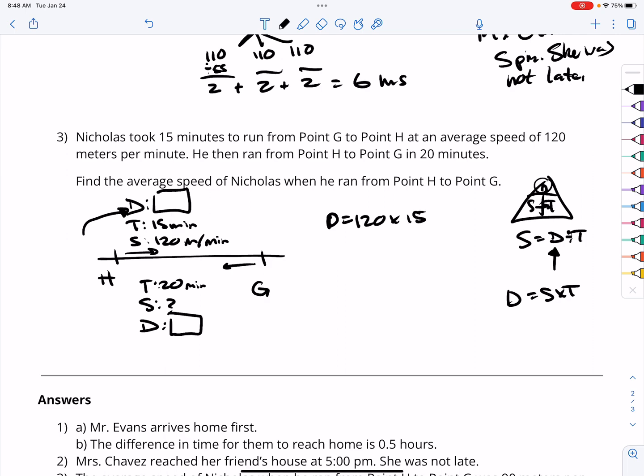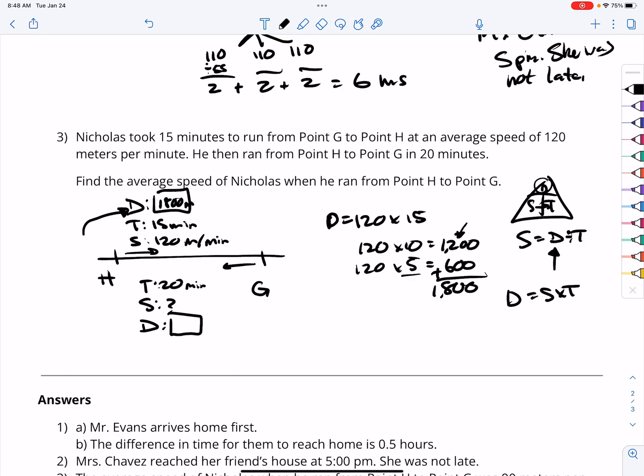Now I'm going to use a doubling and halving strategy: 120 times 10 and 120 times 5. 120 times 10 is 1,200. And then 120 times 5 is going to be half of this because 5 groups is half of 10 groups. So I know that's going to be 600. So our distance is 1,800 meters.